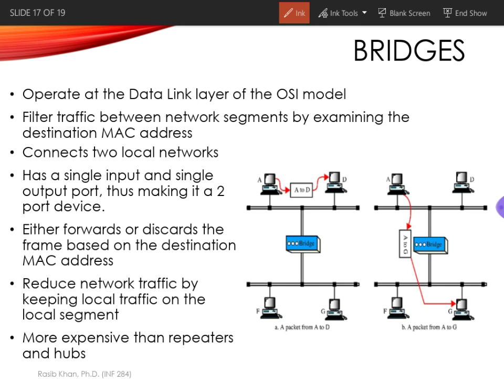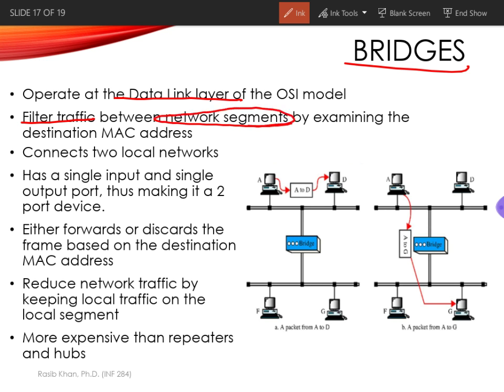The next networking device is something that we call a bridge. And a bridge is something that also works in the data link layer of the OSI model. That is the same where a switch works. So a bridge is able to filter traffic between what we call network segments.